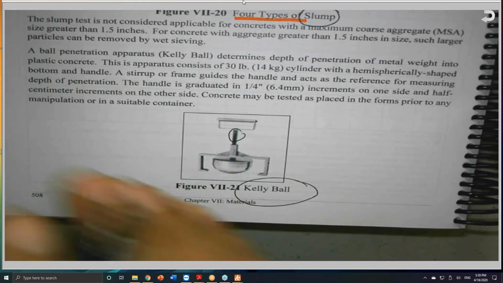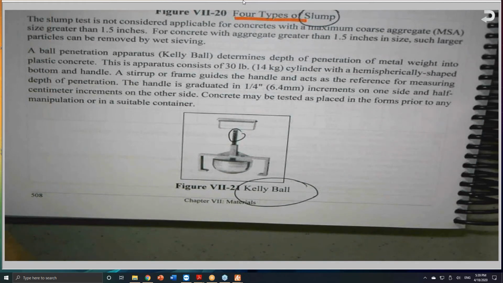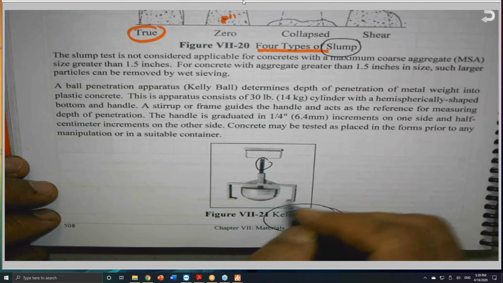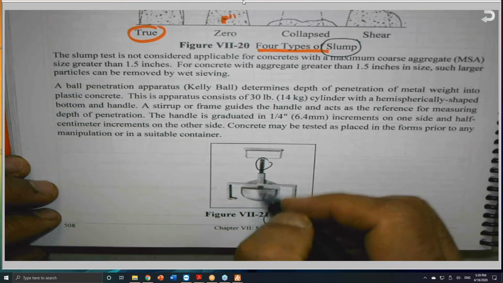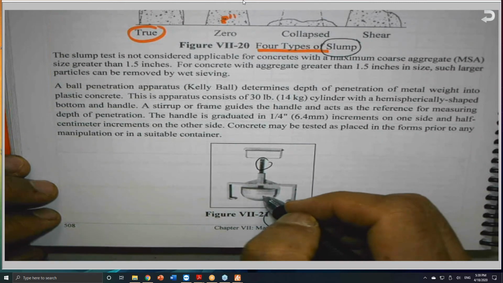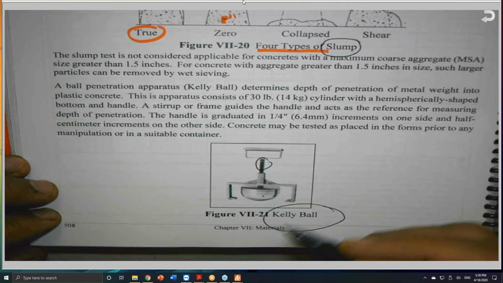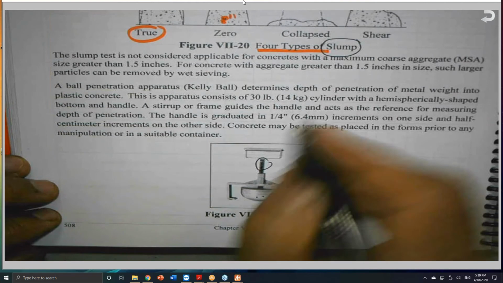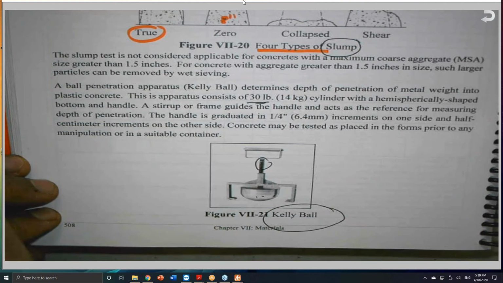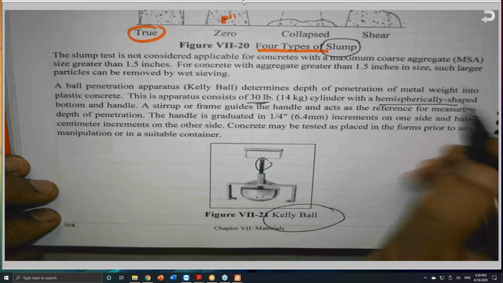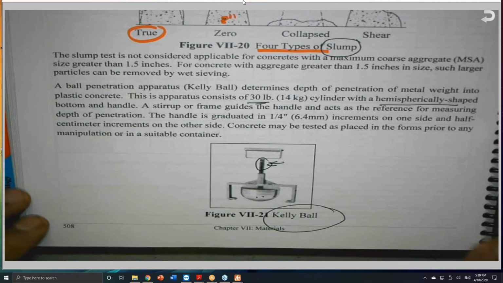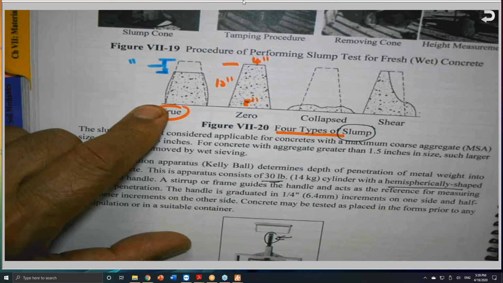We have concrete, and we let the ball sit on these 2 shoes here, and we release it. This hemispherical steel, it's about 30 pounds, by the way, will sink into the concrete, and we take the reading from here, and there is a correlation between the Kelly ball and the slump, okay?